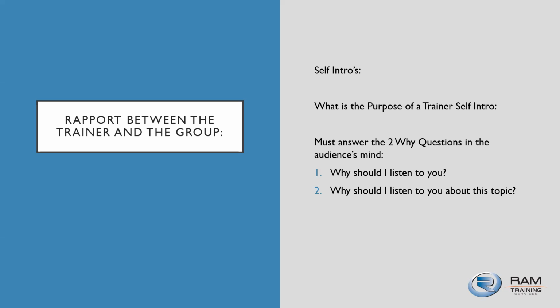If we can't influence our audience, we can't change or help them change their behavior or their thoughts in any way, shape, or form. So this area of rapport is very, very important. And unfortunately, when people think about their self-intros, they often get them highly wrong. They also don't pay enough attention to creating that bond and that connection.